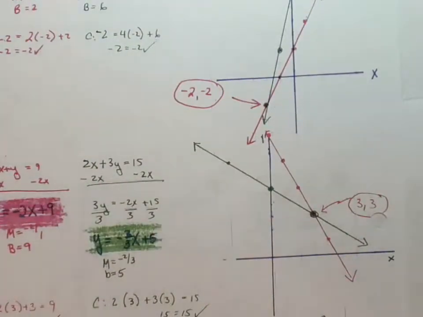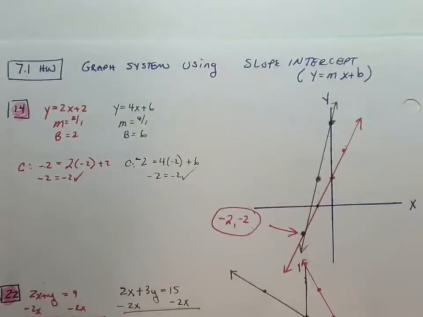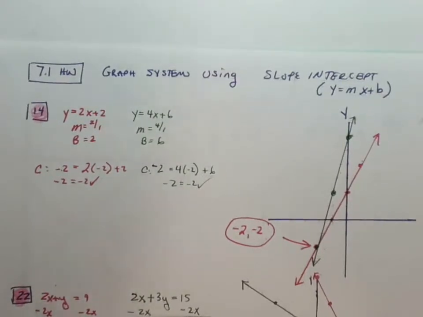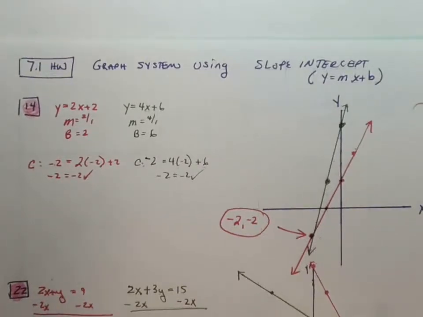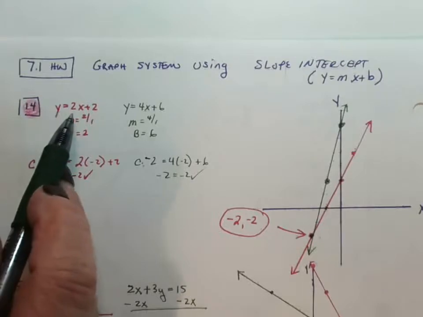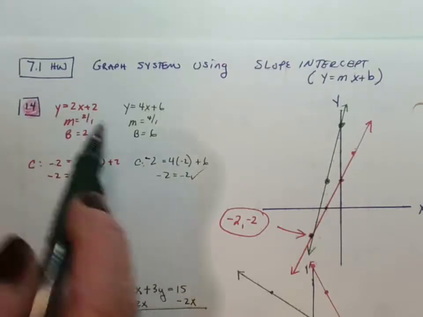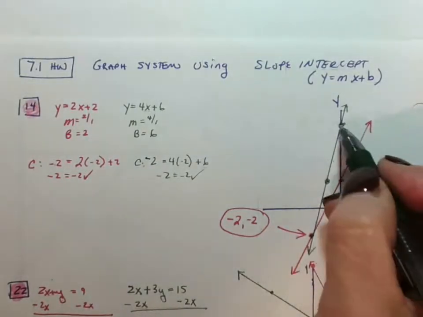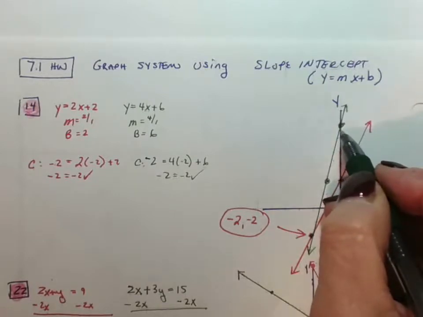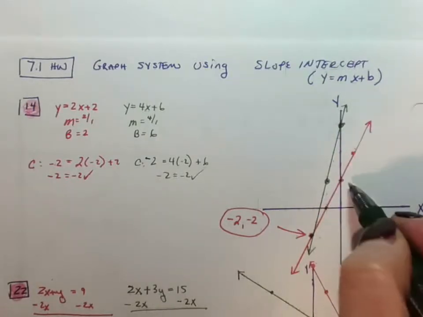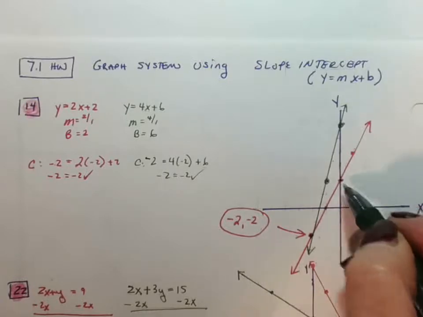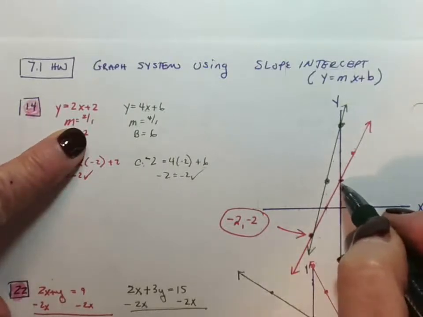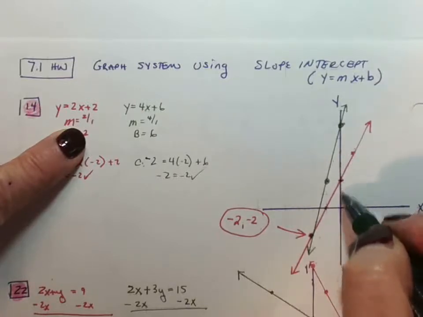The next problem is number 14. So you graph the two lines, y equals 2x plus 2. Right? So that's at 2. Excuse me. That's at 2. And then it goes up, slope of 2, up 2 over 1, or down 2, back 1.